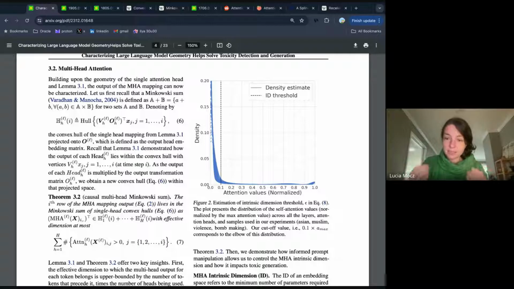Still, when you make this combination, the next prediction is always going to be inside of the convex hull of this combination. The way that you do this combination is through a Minkowski sum, which is actually quite a straightforward notion. Literally all you do is add the vectors together.